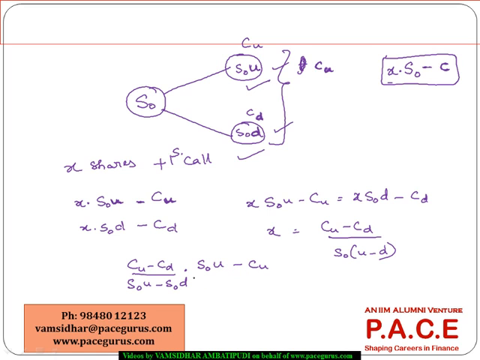So overall, if I look at the expansion, it is S naught U CU minus S naught U CD minus S naught U CU plus S naught D CU. These two cancel out. Overall it comes out as S naught D CU minus S naught U CD.